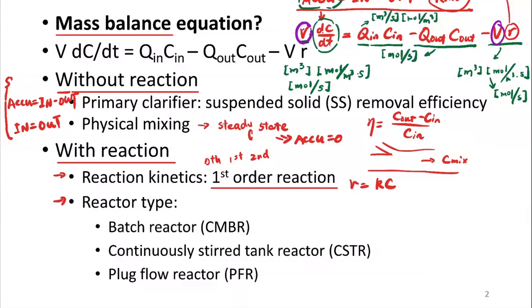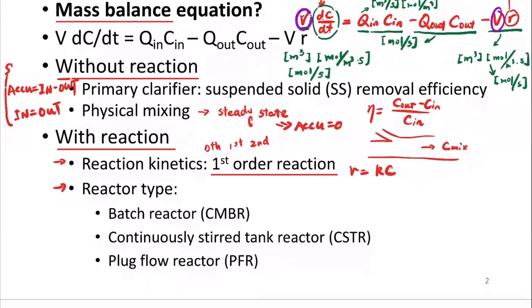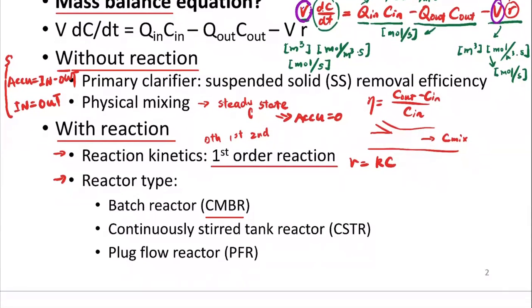So there are mainly three major types. One is called the batch reactor, or the completely mixed batch reactor, CMBR, which is the preferred name in your textbook. Then there is a reactor type called the continuously stirred tank reactor, the CSTR, which the textbook also calls, I think, CMFR, the continuously mixed flow reactor, right?